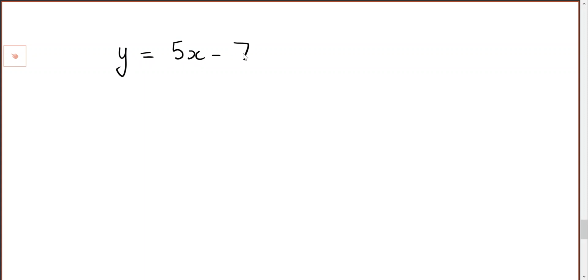If I said to you, Talia, give me the equation of any line that is parallel, you would tell me y equals... Any equation you like of a parallel line. Read your notes at the bottom. What's parallel to 5x minus 7?